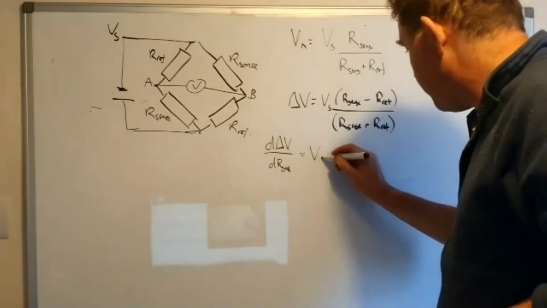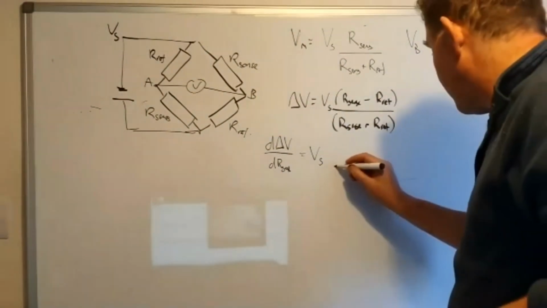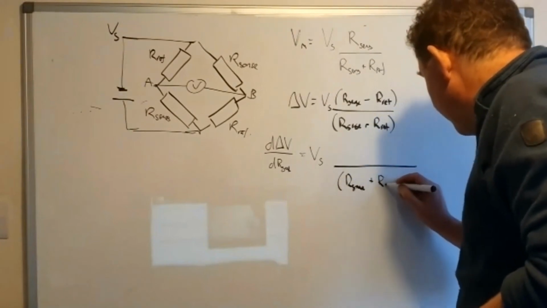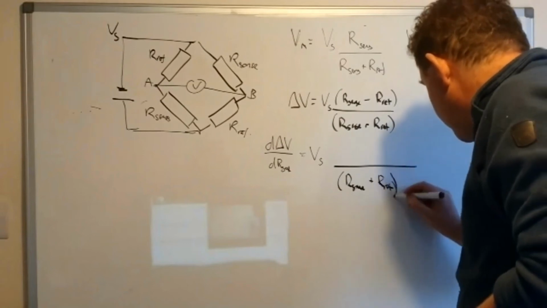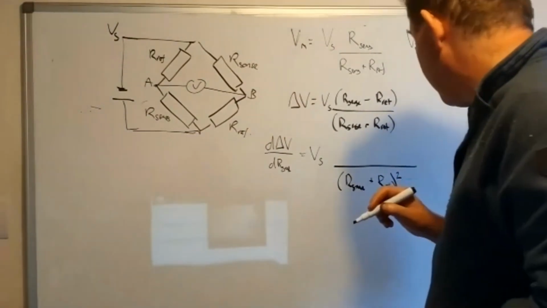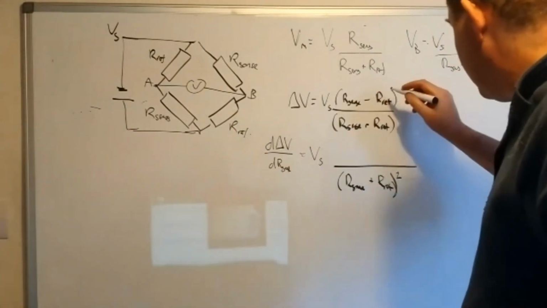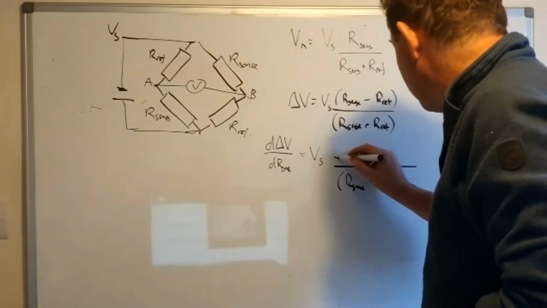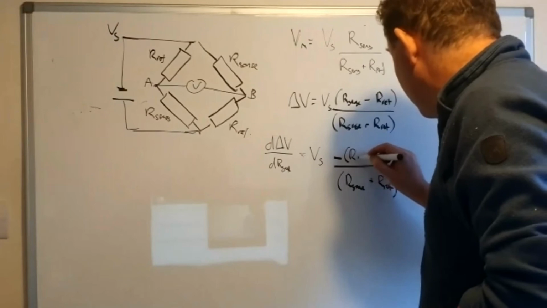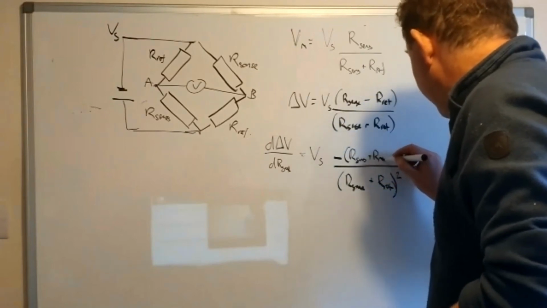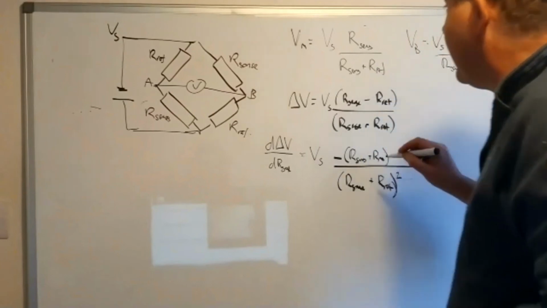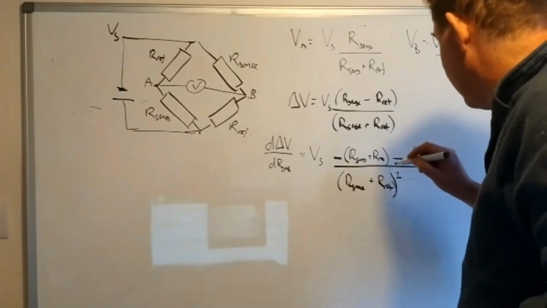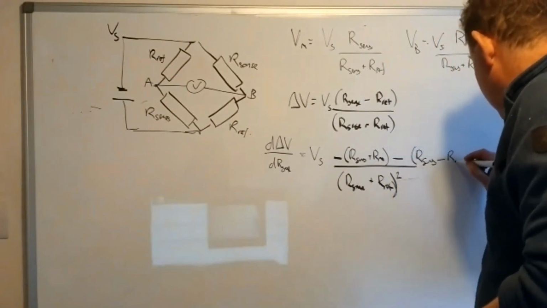So that is going to be V supply, and we're just going to use standard differentiation rules, over R sense plus R ref squared, and I'm going to want on the top here minus R sense plus R ref, and we're going to have minus R sense minus R ref.